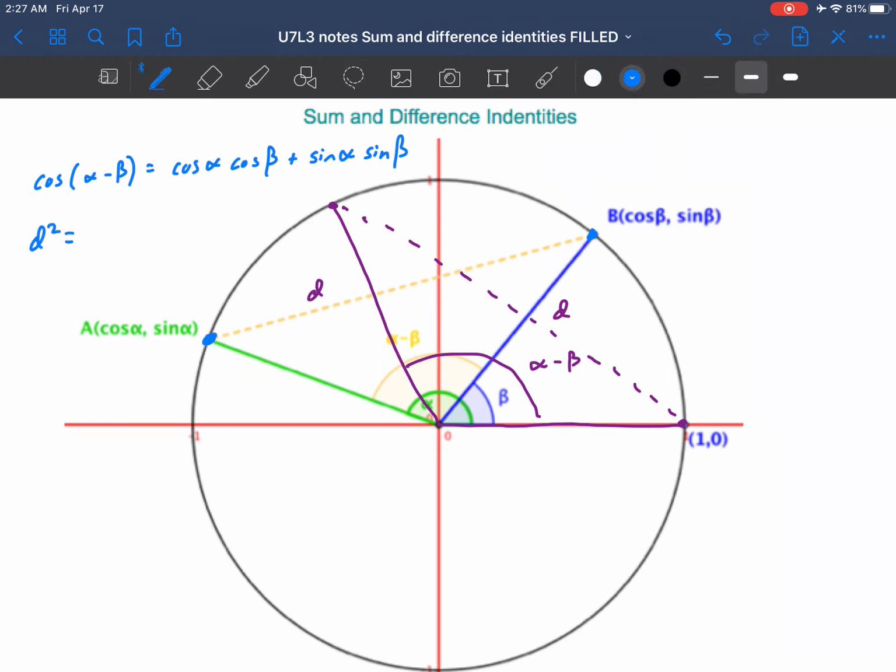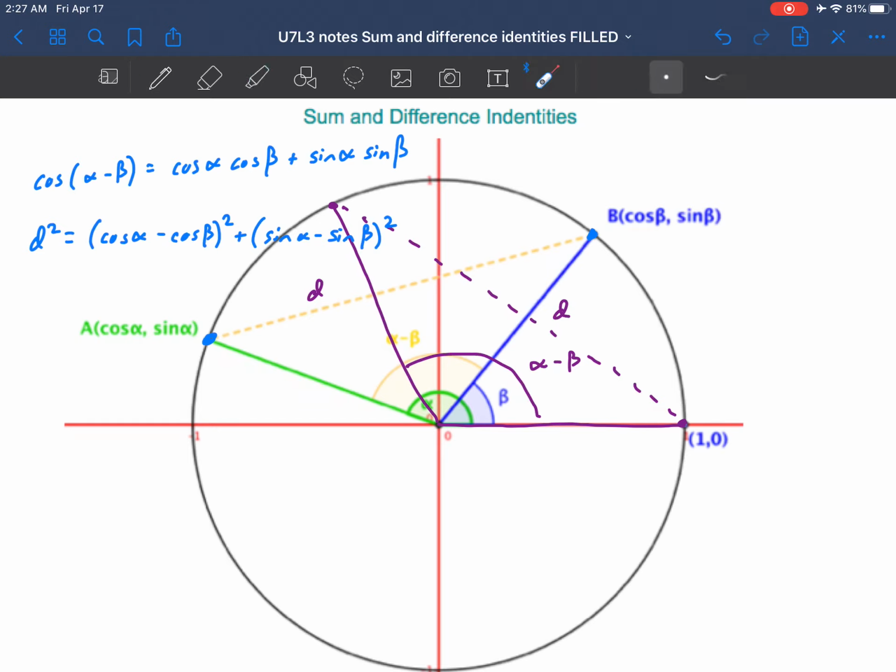To make things a little bit simpler, we're going to solve for D squared. The x coordinate here is cosine alpha. The x coordinate here is cosine beta. So D squared is going to equal (cos alpha minus cos beta) squared plus (sine alpha minus sine beta) squared.